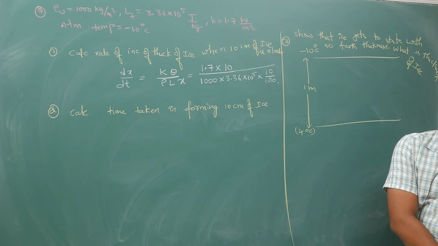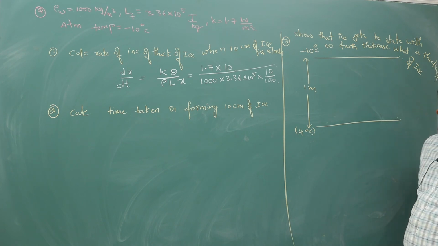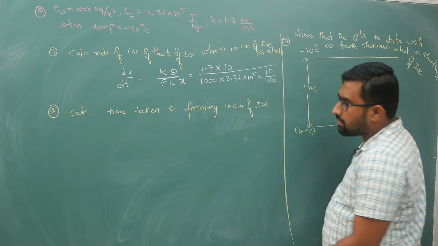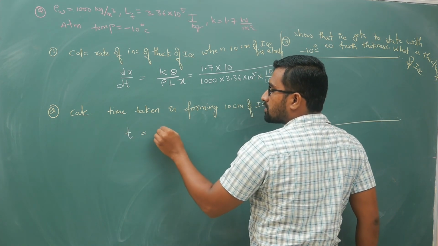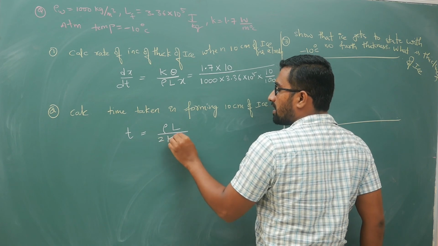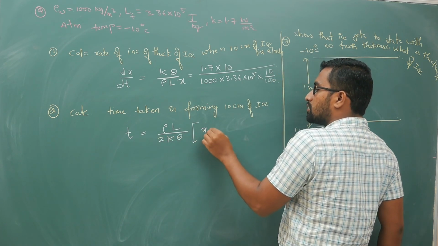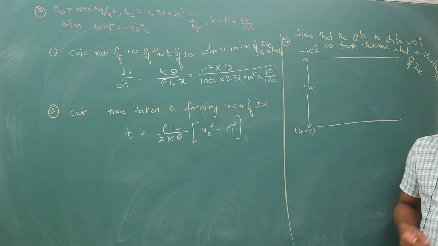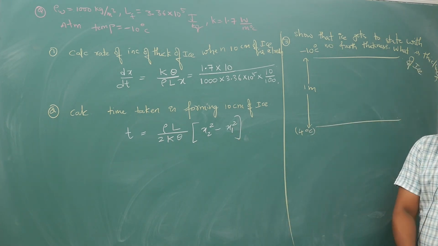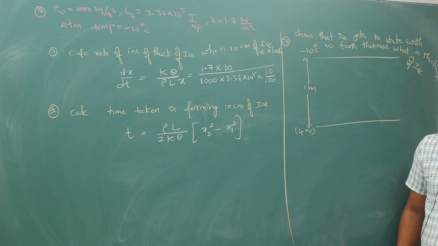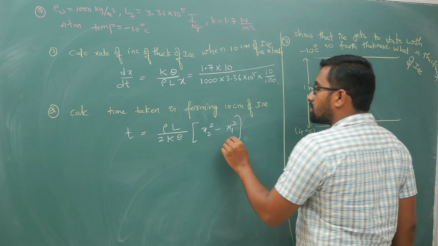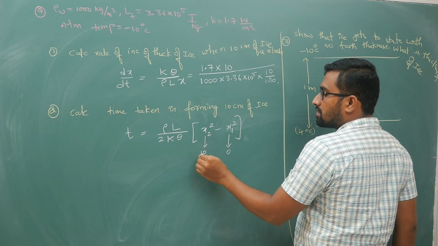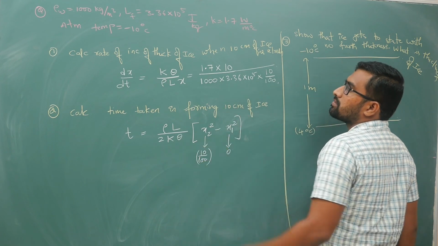Now in forming 10 centimeter of ice, the formula that we are going to get is time t as rho L by 2k theta times x2 square minus x1 square, where x1 is initial thickness at t equal to 0. So x1 you can substitute 0, in place of x2 you substitute 10 by 100 because you have to substitute in meters.